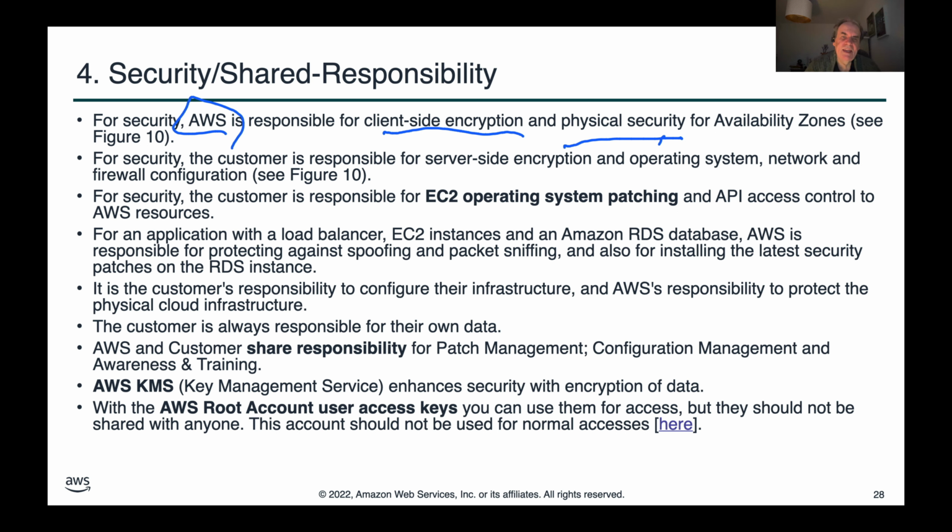For security, it's up to the customer to do server-side encryption. So the client side is the back end, and then the customer is responsible for the front end infrastructure. They're also responsible for the operating system, networking, and firewall configuration. For security, it's the customer's responsibility to patch the operating system.